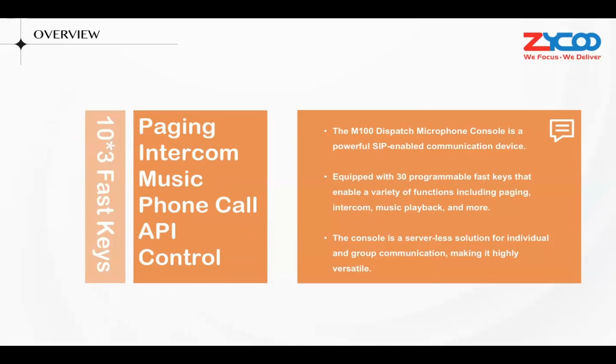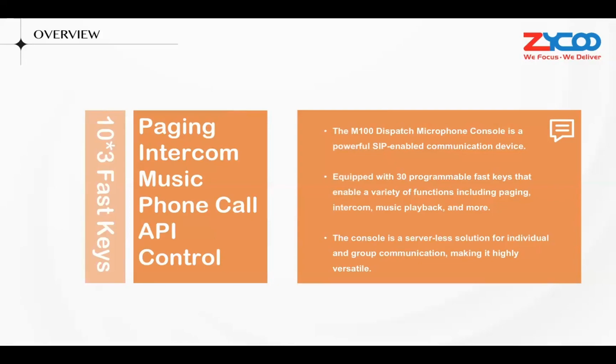These keys can be configured for a wide range of features, from paging and intercom, music playback, phone call, API, and control. This versatility ensures that our M100 can seamlessly integrate into different environments and serve various communication needs.